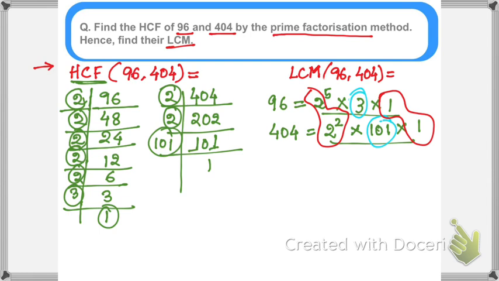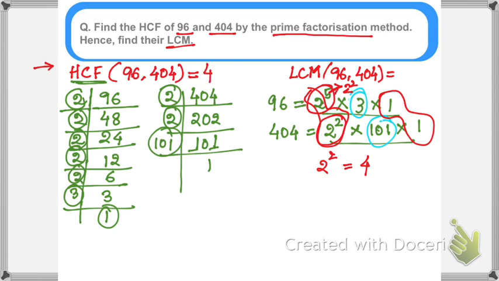So the highest common factor is 2 to the power 2. You can take 2 as common. If we take out, here we have 2 to the power 5, so we can easily take 2 square common from this. So the highest common factor is 2 square, that is equal to 4.